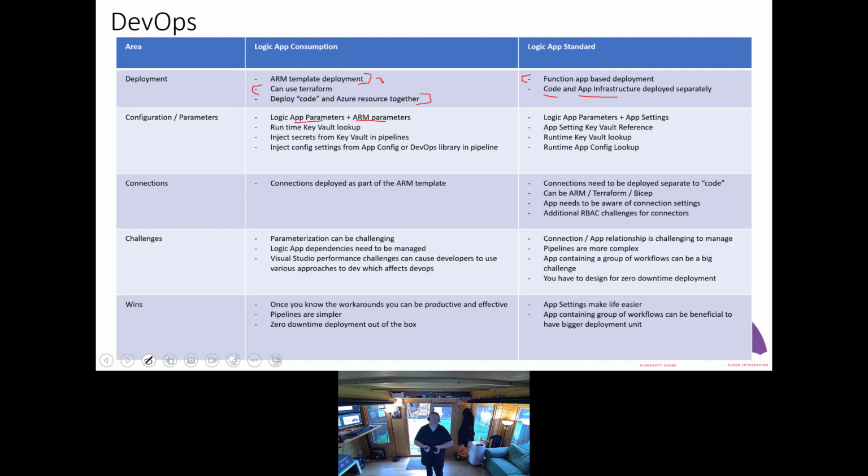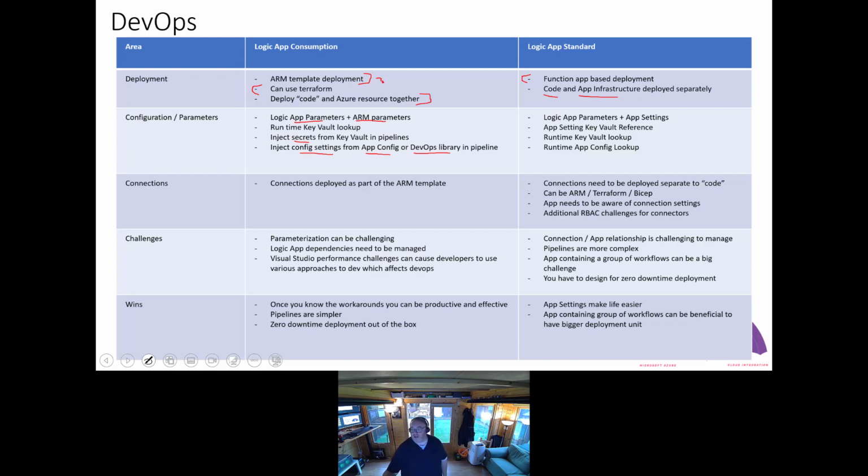A lot of people would also be doing config settings. Config settings and secrets are 2 slightly different things. If you've just got, say, the URL for an endpoint, you may have that as a setting rather than a secret. And people would be deploying them into their ARM parameters either from app config or from a DevOps library as two of the most common things, but they would really be the things you would see in the pipeline used for deployment.